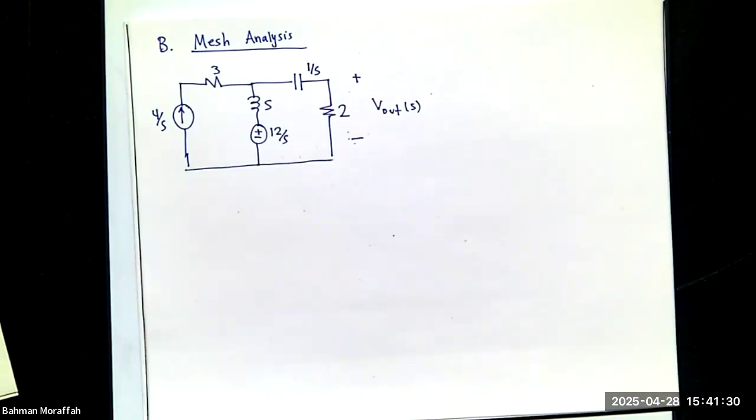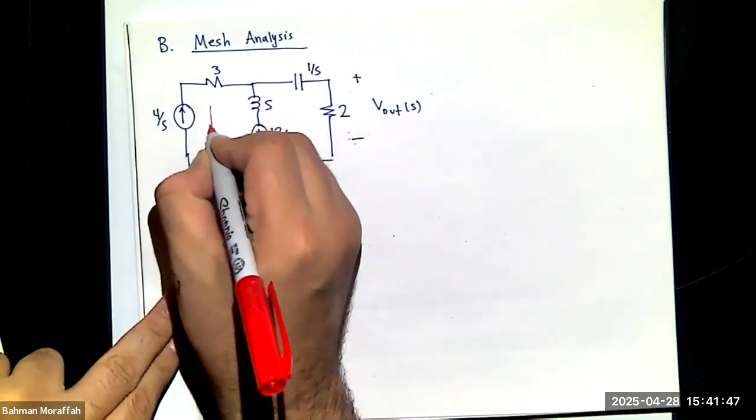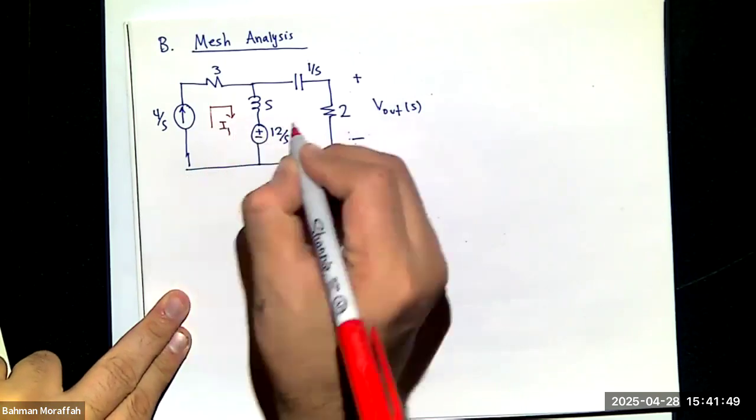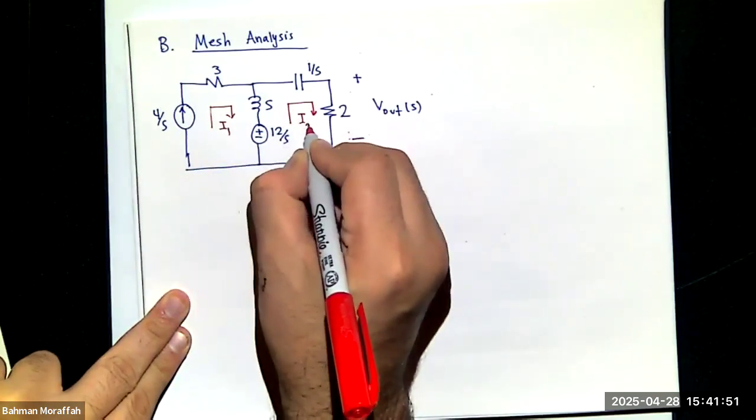We said we want to do mesh analysis. How do we do mesh analysis? We're going to label the loops, right? So let's call this I1, call this I2.